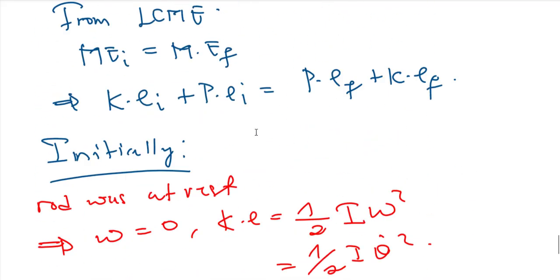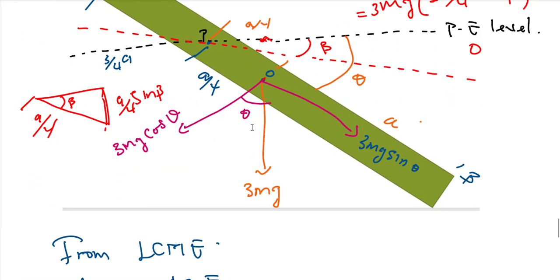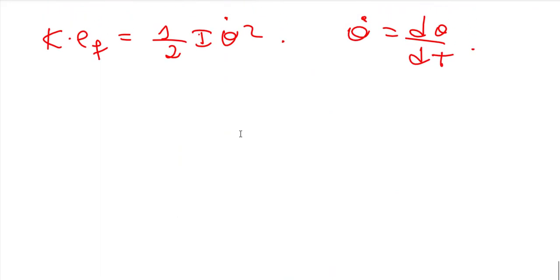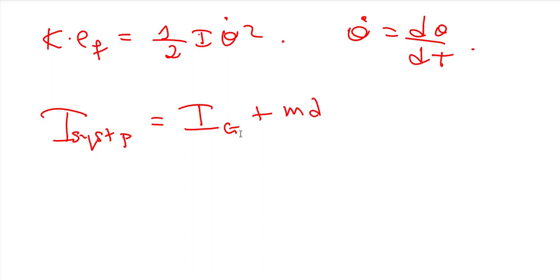To calculate it, we are going to use the parallel axis theorem. So I'm calculating the moment of inertia of my rod about the point P, and from the parallel axis theorem, the moment of inertia about the point P will simply be equal to the moment of inertia from the center of mass plus M d squared.